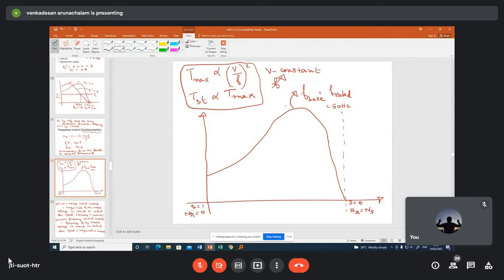Then you draw one more torque speed characteristic for the frequency F1 that is lesser than your rated frequency. For example, let me take this as 25 Hz. If you draw the graph by keeping the frequency 25 Hz, you will get the graph like this.